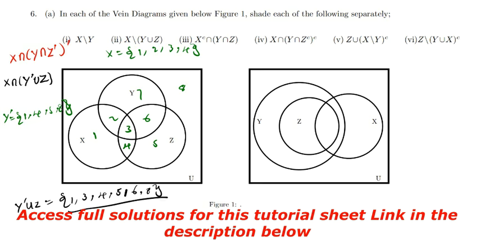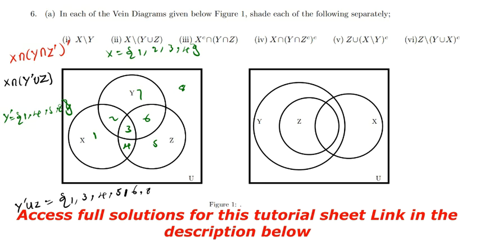Now remember, the question that we are answering is x intersection whatever we have now. Let's see the elements which are common in x and also in this set. Let's go ahead and list those elements.